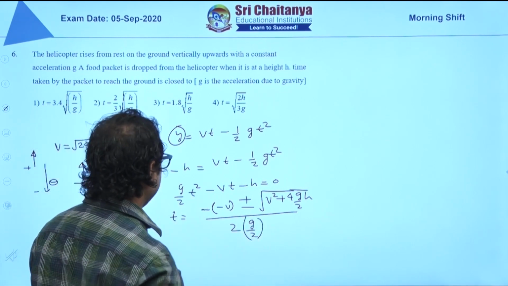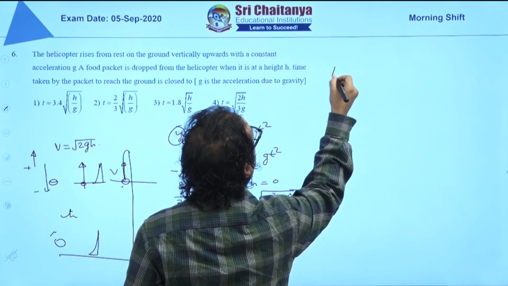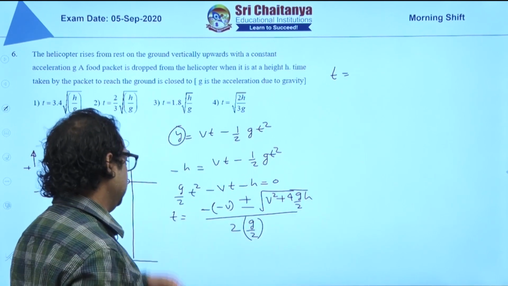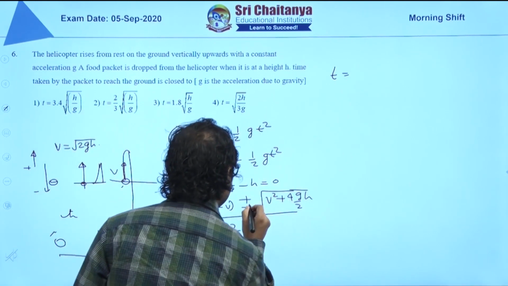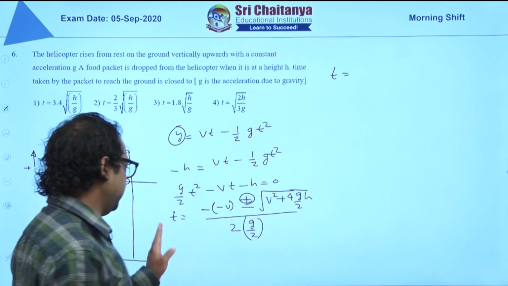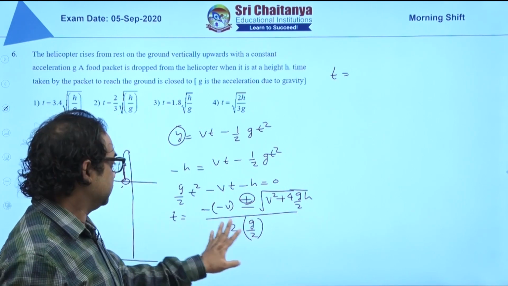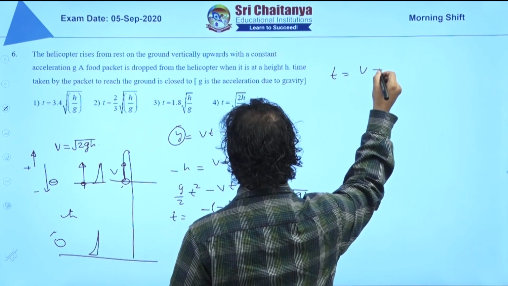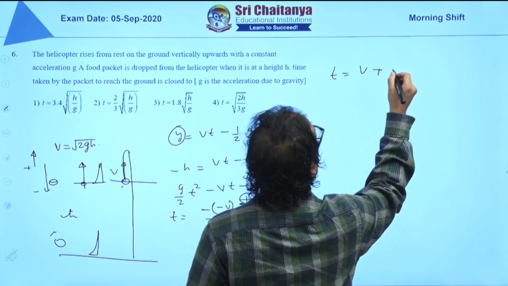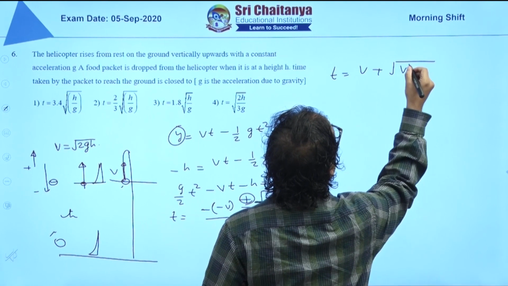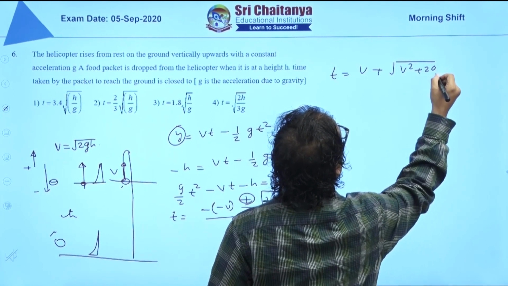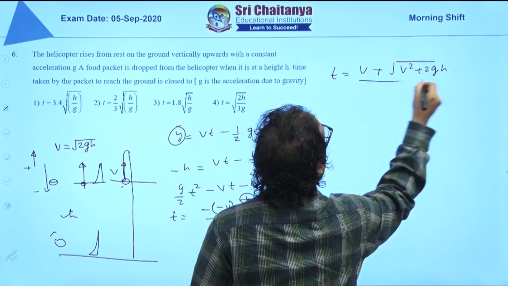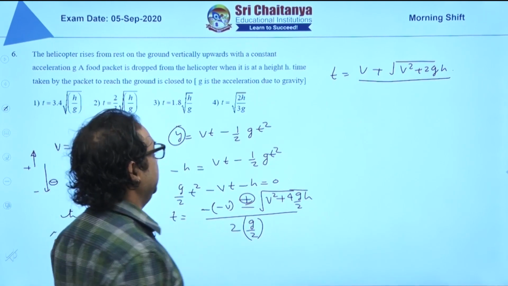So, t value is nothing but your v, we have to take the plus sign only, no negative time, so basically v plus root over of v square plus 2gh divided by g.